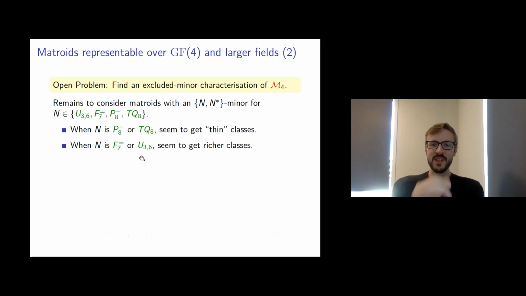Whereas for these other 2 classes, you get something richer. However, they don't look as rich as, for example, the dyadic non-Fano fragile matroids. So I think that this is not all bad news, although somewhat rich classes, there's still hope of being able to get a good understanding of these.